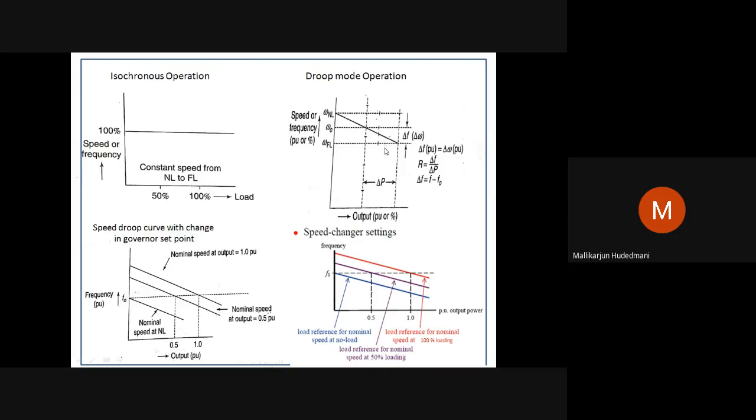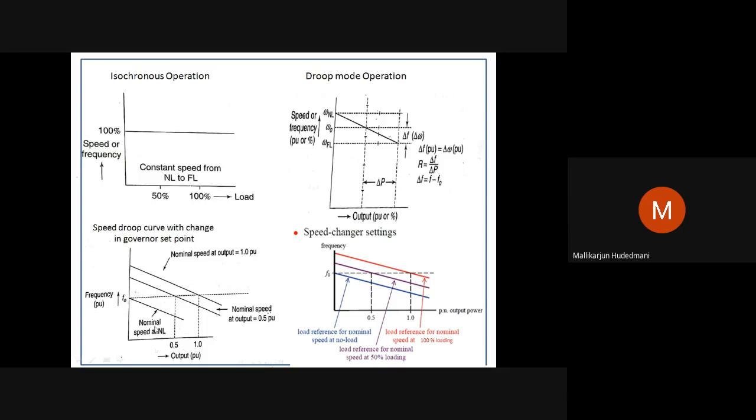Now, if I want to make governor based operation, see this curve here. This third curve shows parallel curves represented. Let us say a speed droop curve with change in governor set point. The governor keeps modulating the output of the valve. How is that? Let us take a horizontal line F0, a base frequency.